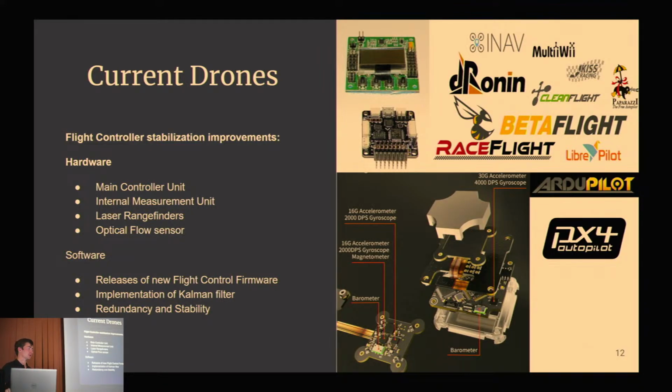Also, there was improvement from the software side. There was the introduction of the Kalman filter, and the redundancy was introduced by adding additional IMUs on board. For example, right now that's the Orange Cube autopilot, and it has 3 IMUs on board in order to make the flight controller more reliable and less sensitive to any errors.